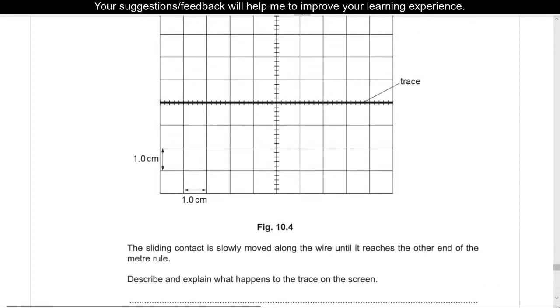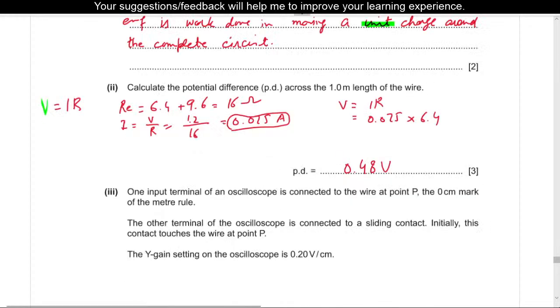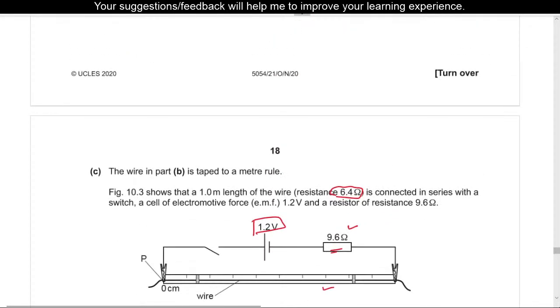Let me explain in the figure first. This is the point P, 0 centimeter mark. So one contact is here and one contact is the sliding contact, which is initially at this point. Then the sliding contact moves along till this end. When the sliding contact moves towards the right, the resistance of the wire in the circuit increases.